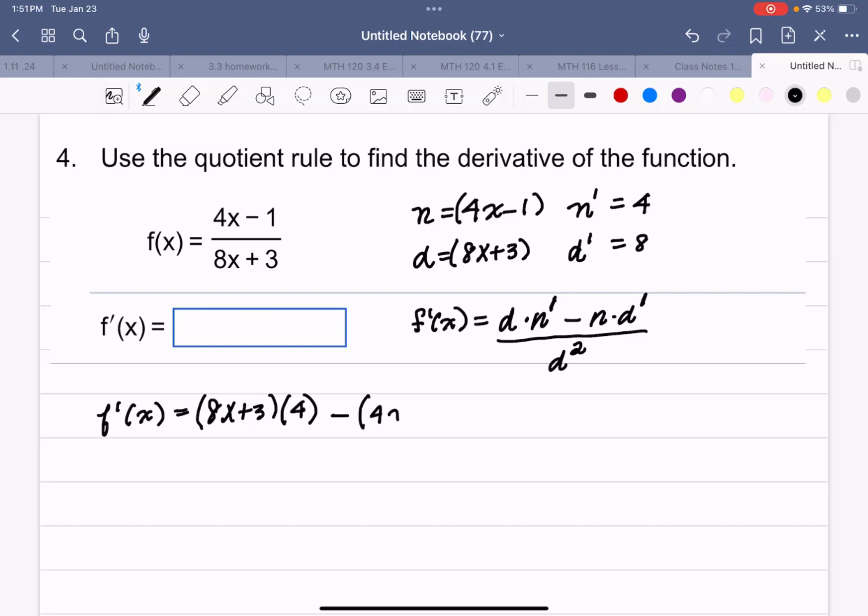Numerator, 4x minus 1. Derivative of the denominator is 8. And then the denominator of the derivative is the original denominator, 8x plus 3, but it's squared. This is your half credit answer.